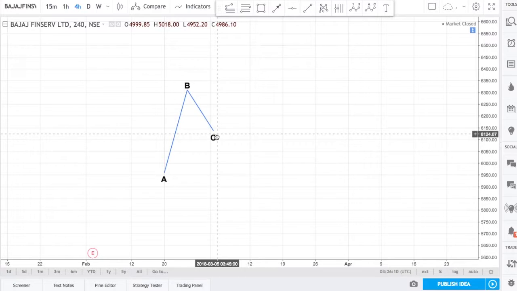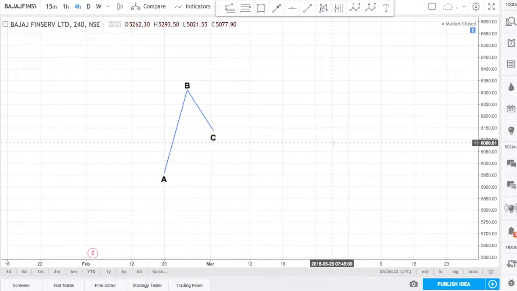Now listen carefully. To trade an ABCD pattern, we need to predetermine the zone or level where the CD leg is possibly going to end, because that zone is from where we are going to execute our counter trend trade.